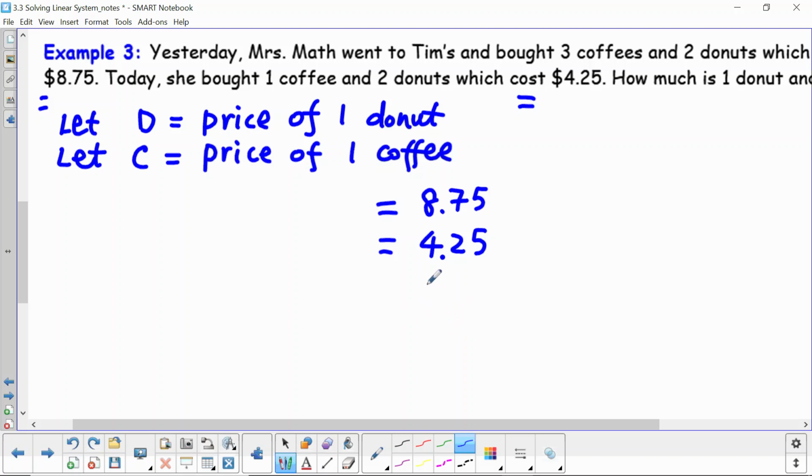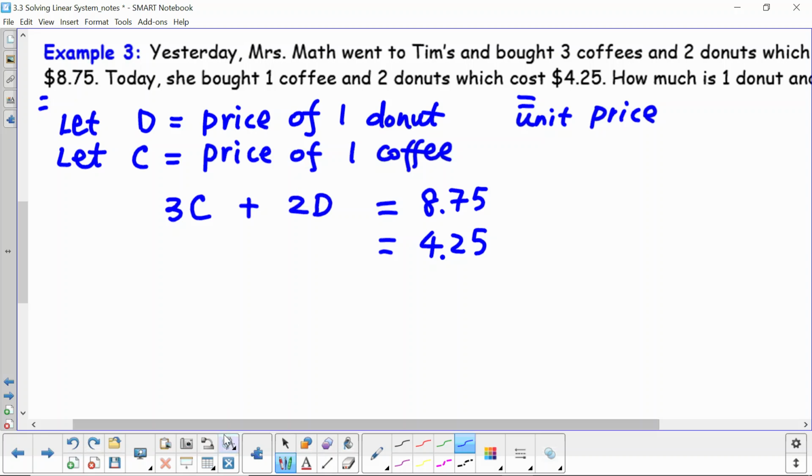Then we are going to use this one, unit price times quantity, to get the cost for each type of food. So unit price times quantity. Okay. So 3 coffee, it will be 3 times C. Unit price times quantity 3 plus unit price is D times quantity 2.